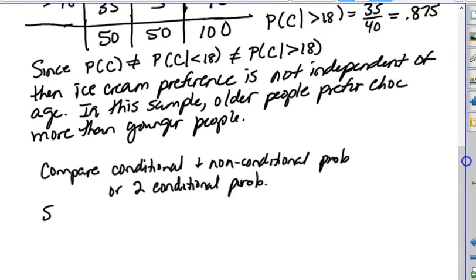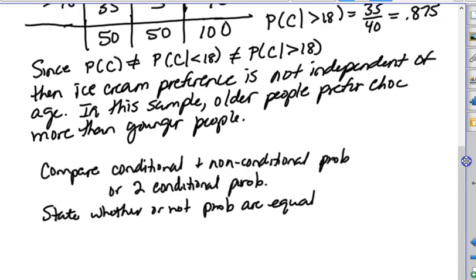Then you have to state whether or not the probabilities are equal. If they are not equal, you have to specifically show this.